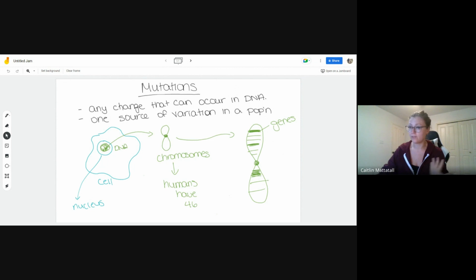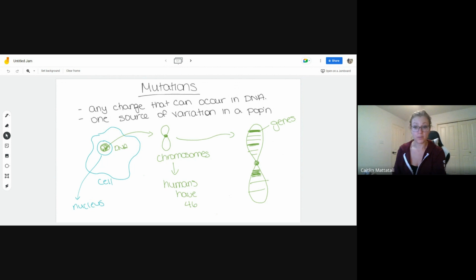Some traits that you have use multiple genes to give you what you want. Your eye color, for example, comes from 11 different genes, which is why eye color is annoying when you're trying to explain how the inheritance pattern works. But the genes, again, you get from your parents, and they determine what traits you have.